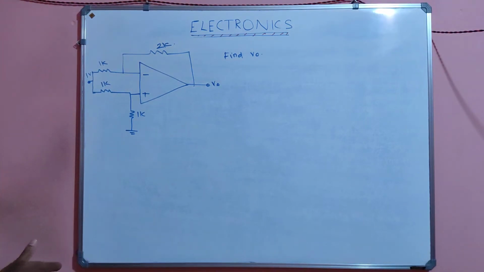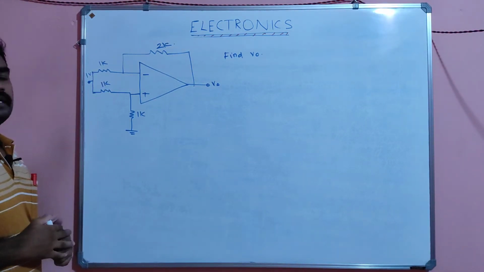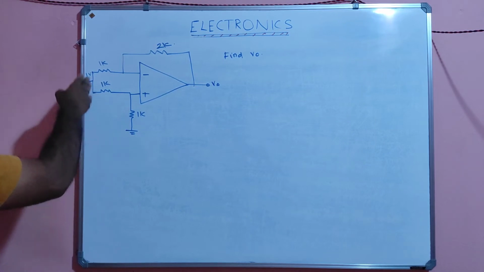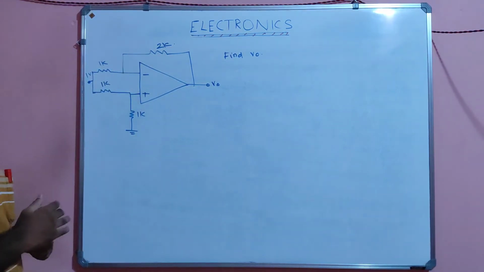This is an op-amp circuit and you have to solve for that. Resistor values are given: 1k, 1k, 1k. This is 2k. How can we solve?